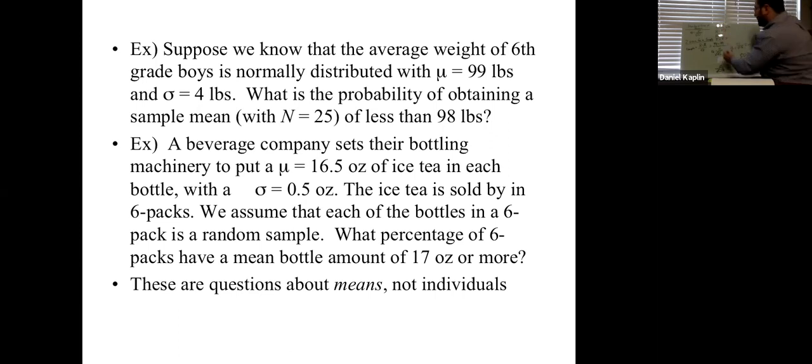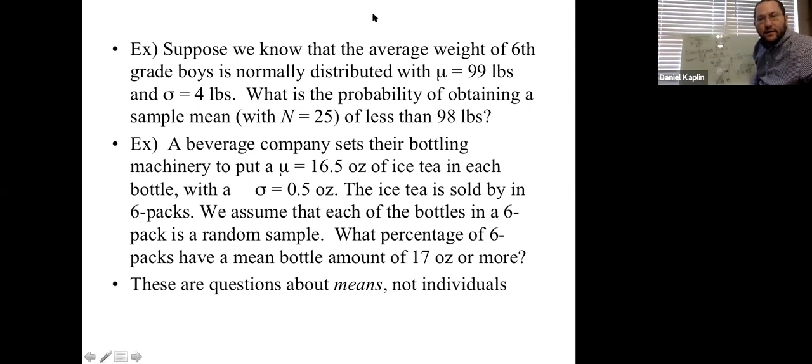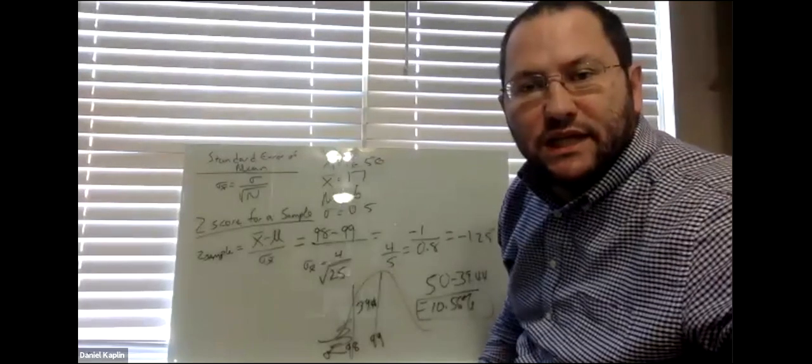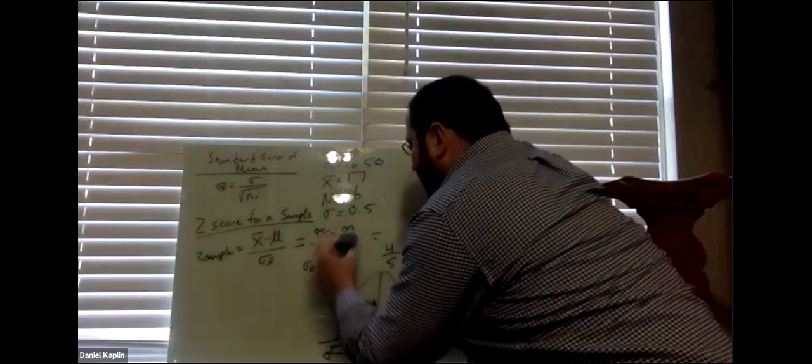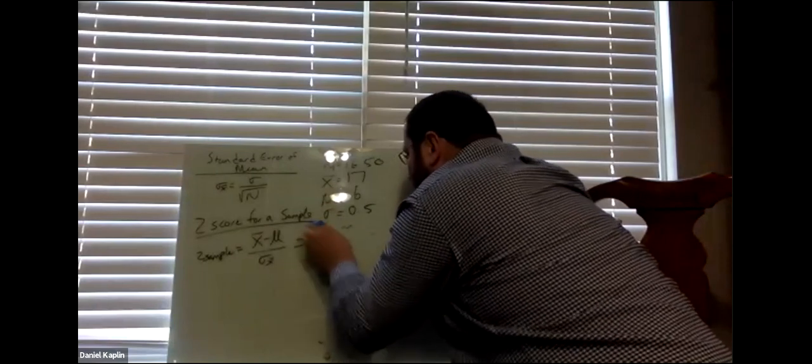So we have a 6-pack, right? So our n is 6. What I'm going to do is what I did before so that you can see it bigger: I'm going to stop my share and keep the formula up, but I'm going to mess around with the numbers. So here we are.